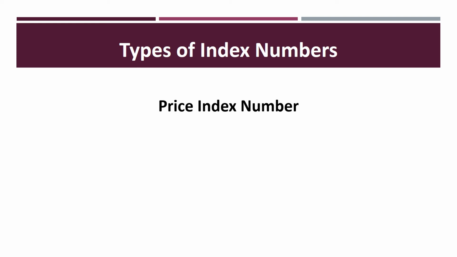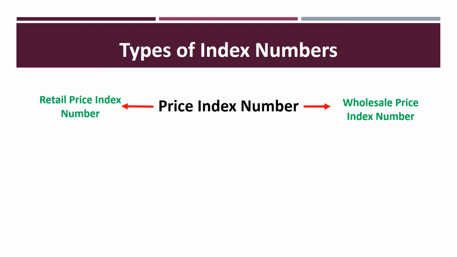And this index number measures the changes in the prices of some commodities or a group of commodities, either produced or consumed or sold in a given period or at a given place, with reference to the period or place collectively. And there are two types of price index numbers: wholesale price index number and retail price index number.